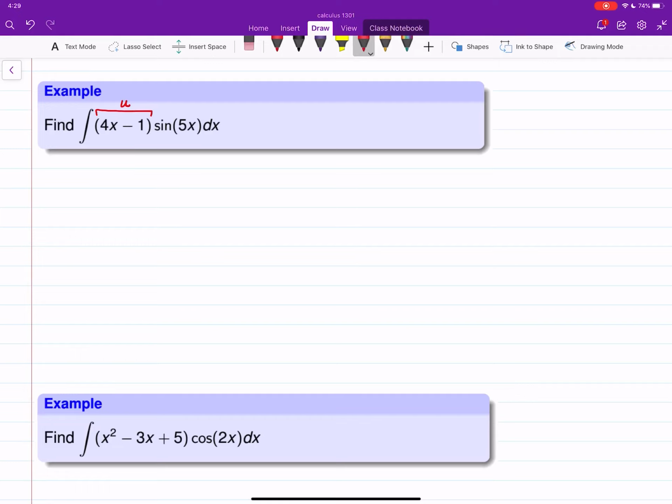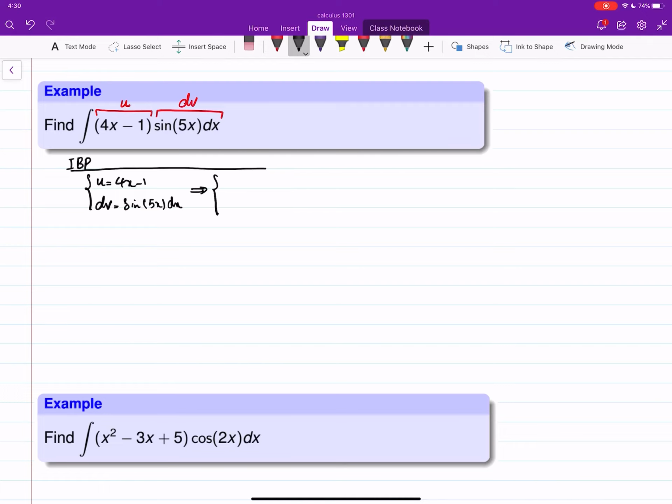That's a sign that we are on the good right track, though I have to complete IBP and see if this is good choice or not. So I'm setting u to be 4x minus 1 and dv to be sine of 5x dx.